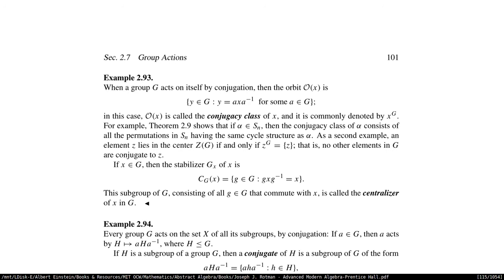Yeah, the conjugate of A by X is equal to B, or vice versa. So A and B are conjugate in G, not in the center, right? Yes.